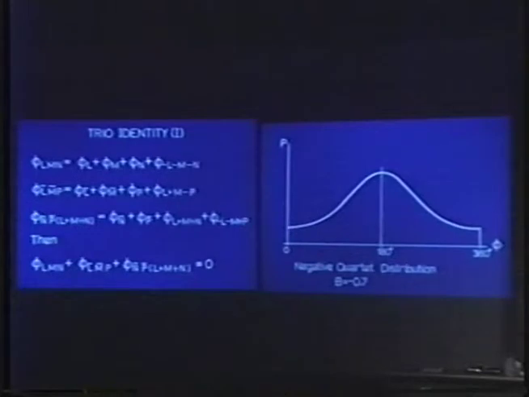Here is another identity which holds among quartets. It's called the trio identity, the first of two trio identities. Here is an arbitrary quartet. Here's another quartet obtained from this by replacing L by minus L, M by minus M, N by P, and so on. And this is a third quartet defined in this way.